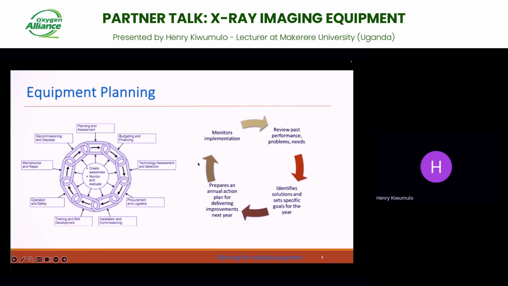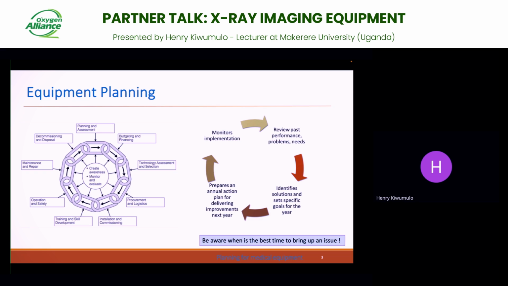So this equipment planning is very important because it allows monitoring the implementation. It helps to review the past performance, the problems or the needs. It helps to identify the solutions and set specific goals. It also prepares for an annual action and plans for delivering improvement. So it's very essential for one to plan for an X-ray equipment that he or she hopes to procure.